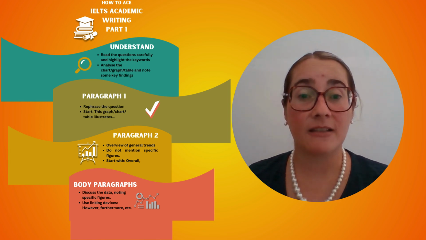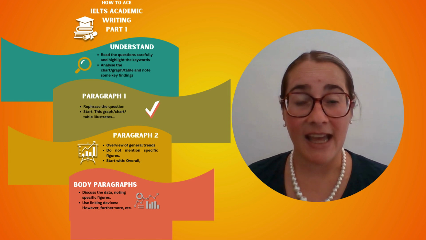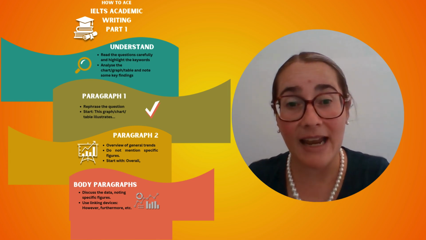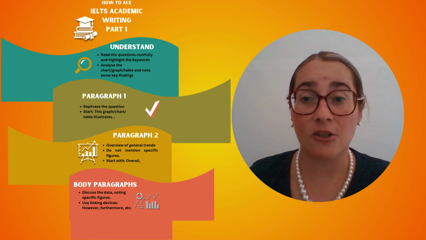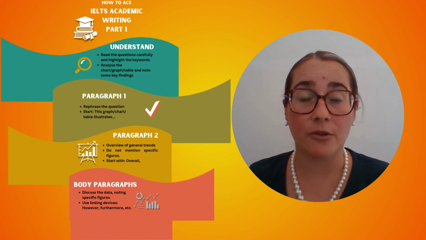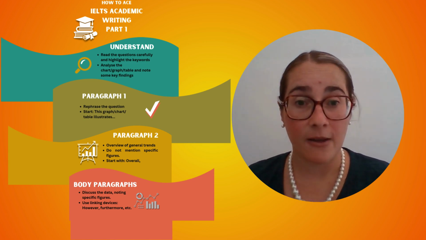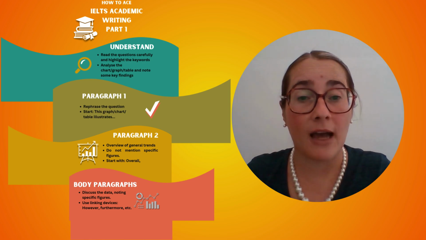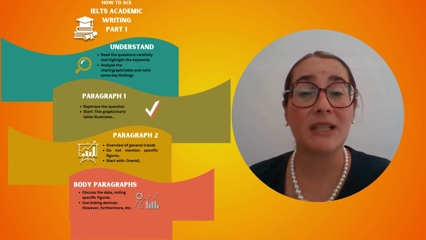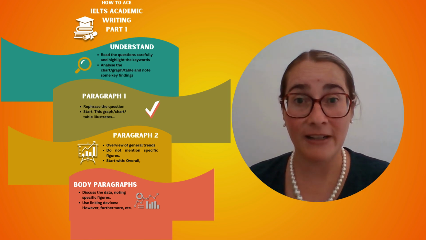Then you have the body paragraphs, and this is where you explain in detail what is being observed in the chart or the table or the graph or whatever it is. Really detail the movements, the highs and the lows, give specific figures as well.